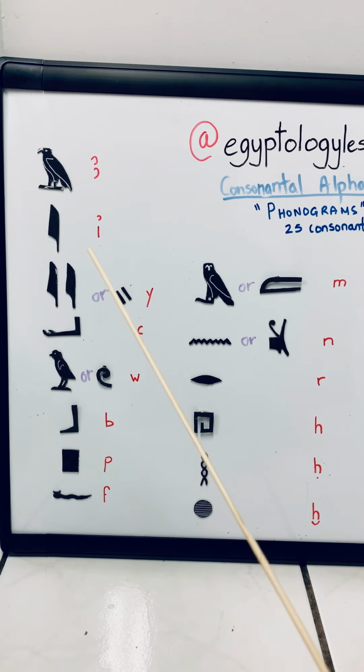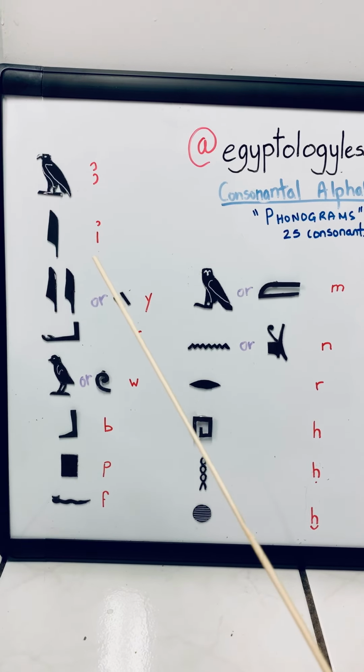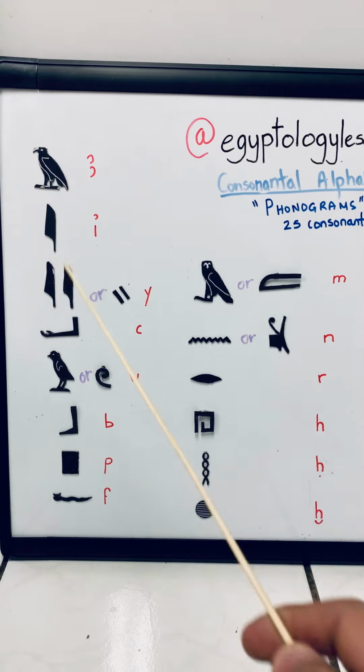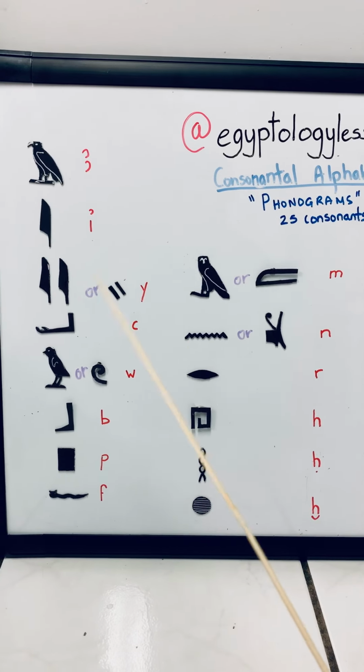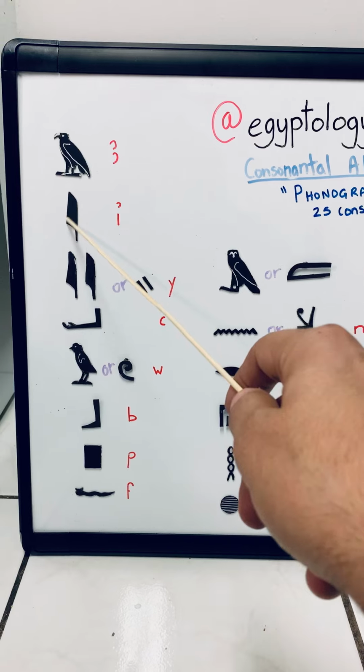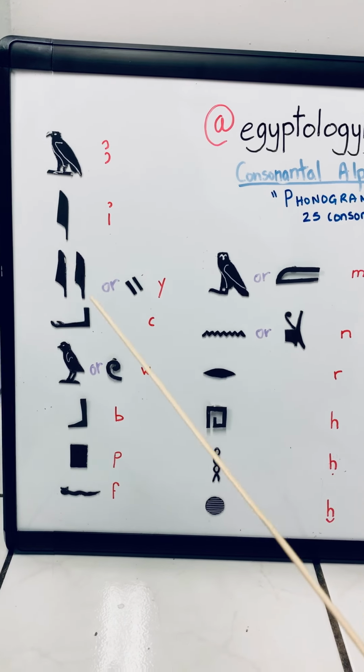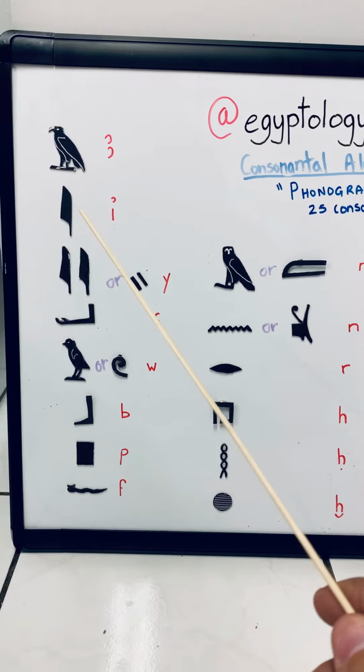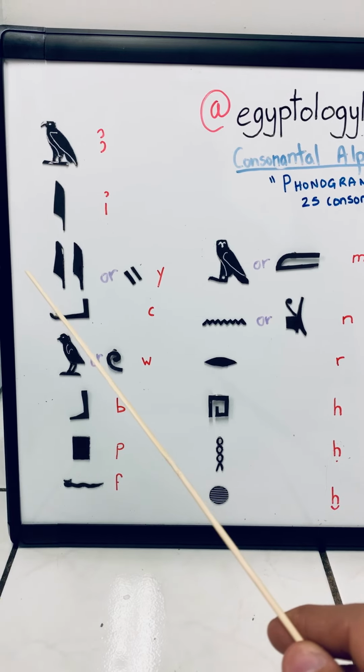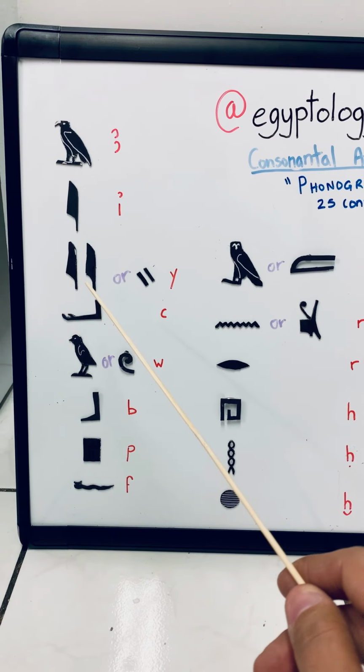Next comes the I or the E. Now, what you have here is a single reed. This used to be a reed on the river Nile, and this would represent the E sound. Followed after that, you have a double reed. So the same as the first, but double.